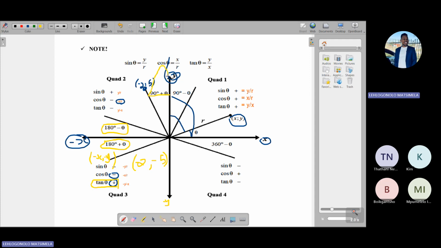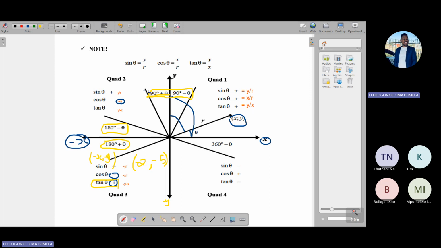Now the angles we're talking about here, like 90 minus and 90 plus, are what we call cofunctions. Cofunction means they are changing the trig ratio; they are interchanging the trig ratio.